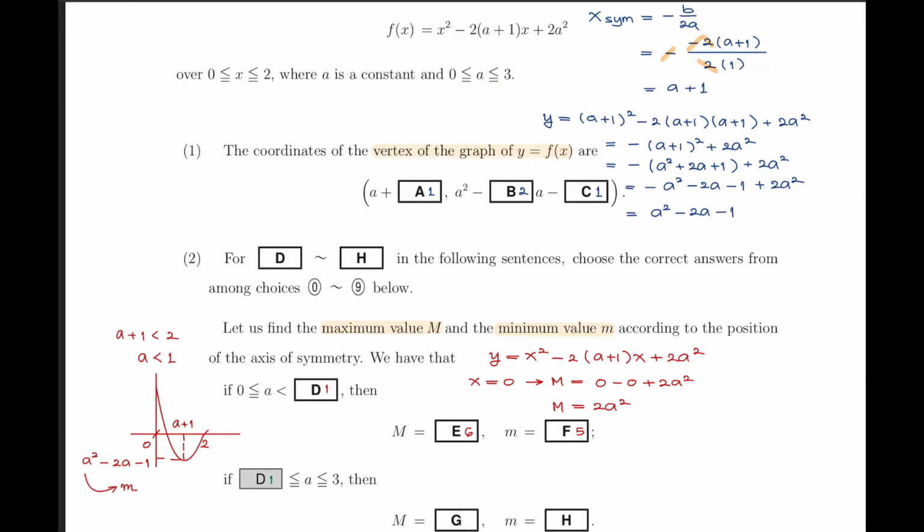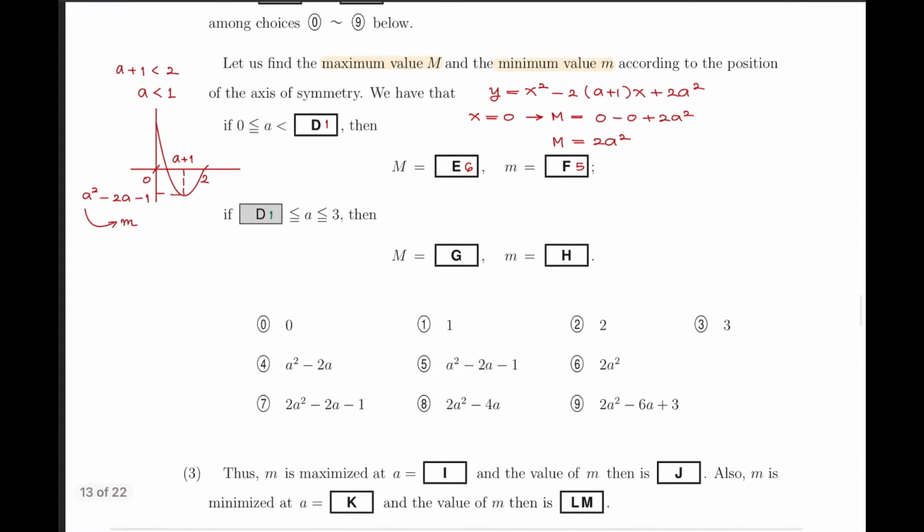So the first case, we only see from 0 until 1. For the second case, I will see from 1 until 3. If 1 is less than or equal to A less than or equal to 3, then blah blah blah.